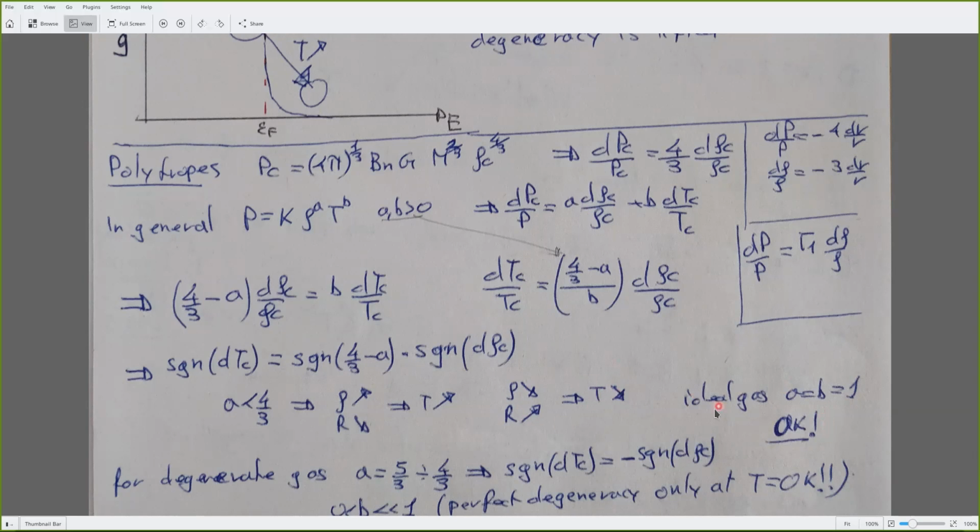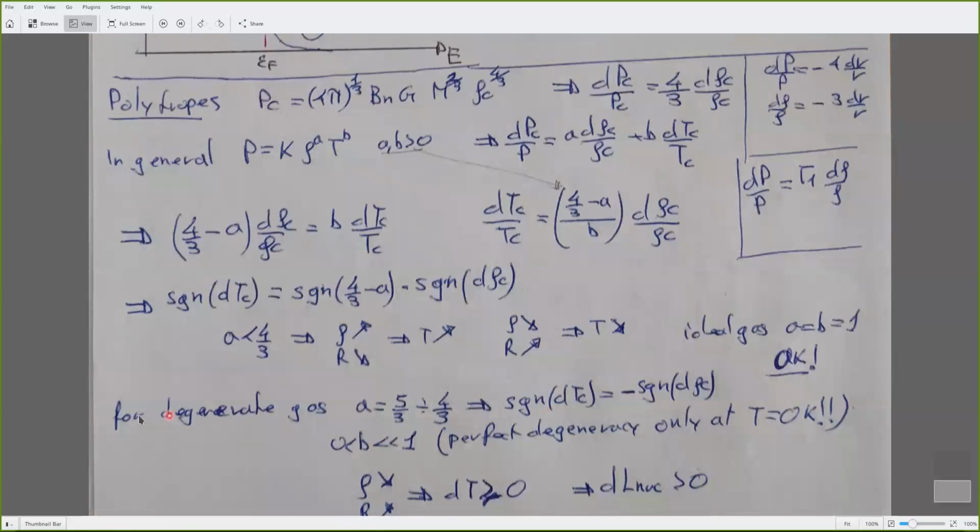That is what happens for the ideal gas, and this is exactly what we saw before for the secular stability. If more energy is produced, the star will expand, there is a drop in temperature and density, and this will turn down the nuclear reaction.